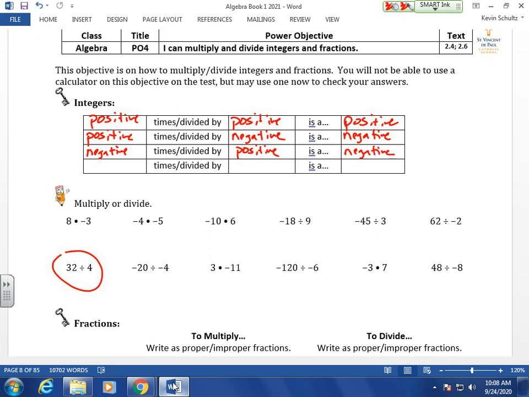Here we have 8 times negative 3, a positive number times a negative number. Here we have negative 10 times 6, a negative number times a positive number. Both are going to have a negative product because you can rewrite this to be 6 times negative 10, and it's the same thing. You can multiply things in any order. So if you have one of each sign, regardless of which one comes first, it's going to be a negative answer.